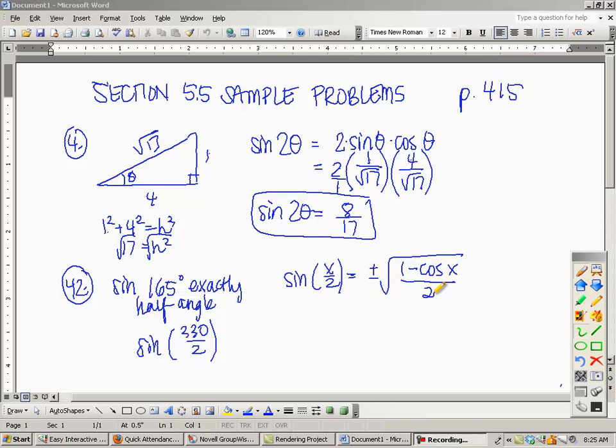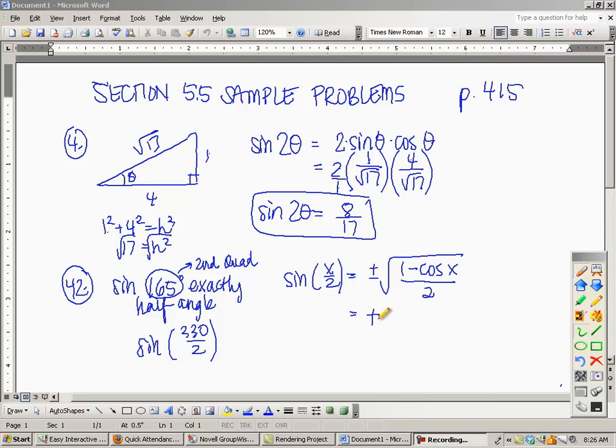Okay? So our goal is to now figure out what to do with this. All right, so 165 degrees. Here's what we have to look back at. 165 degrees is in the second quadrant. Because this is in the second quadrant, is sine positive or negative? Sine is positive.